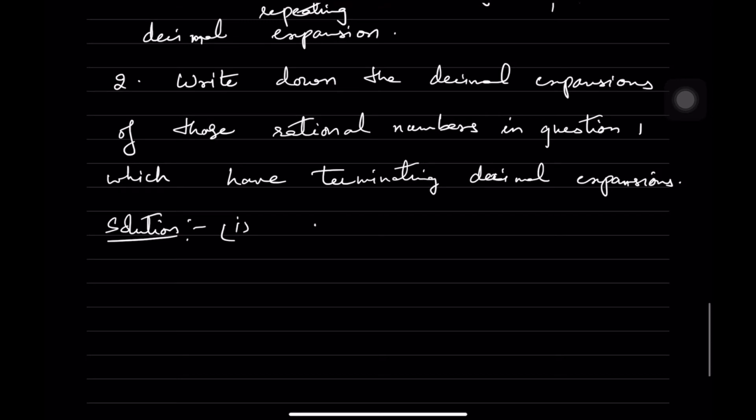So the first one, 13 by 3125, is equal to 13 by 5 to the power of 5. We have to write down the decimal expansion of this.